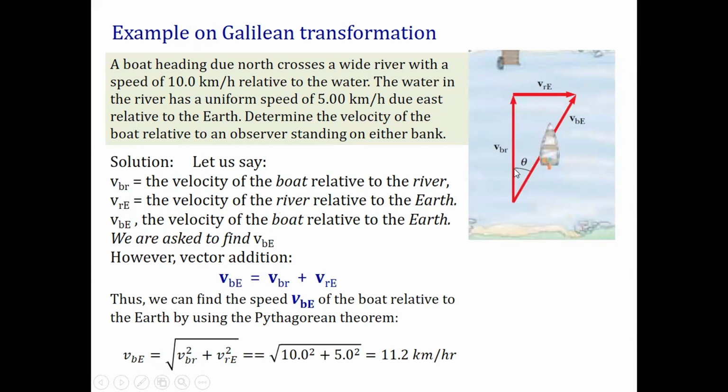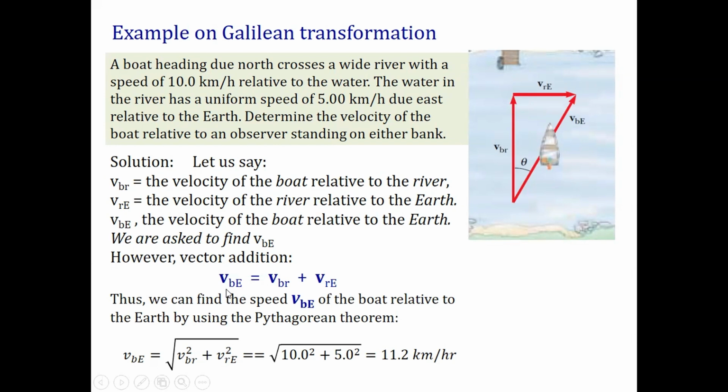Now we can see here the velocity of the boat relative to the river, V BR, and the velocity of the river with respect to Earth, is this vector. Adding these two vectors, we get a resultant vector which is the velocity of the boat relative to Earth.